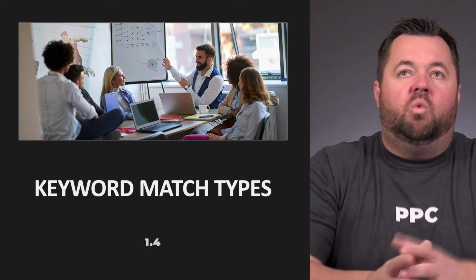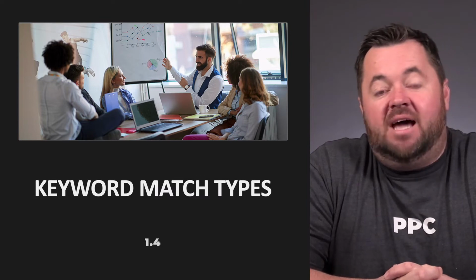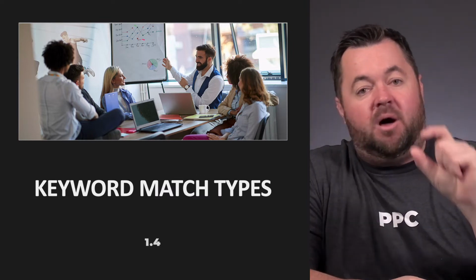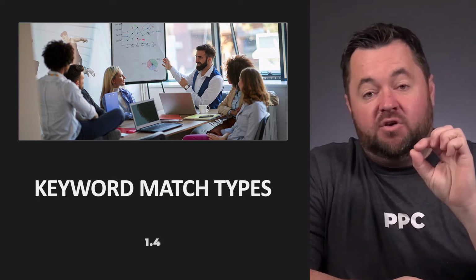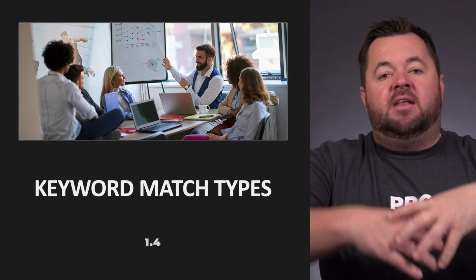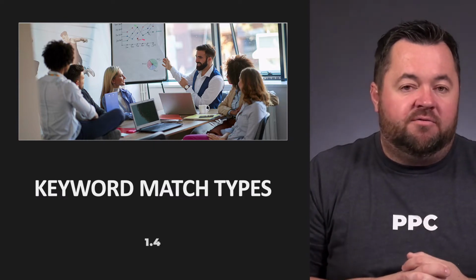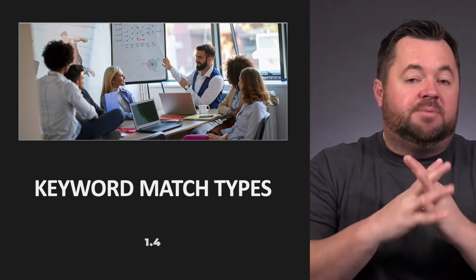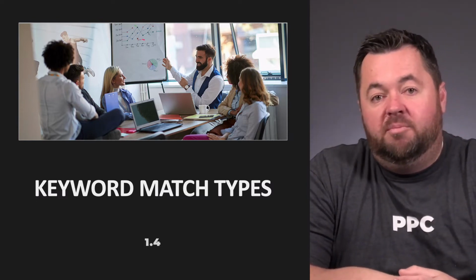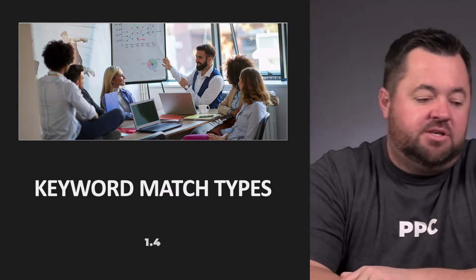And so when I teach people to build AdWords campaigns, I always have them start with the most narrow focused match types possible and build out their first campaigns using just the first couple levels of matching. And then as they get better and more professional at this, they expand it out farther and farther, okay? So I'm going to explain to you all these match types so you understand what they are. So when you build your campaigns, you know how to structure these and which match types to use.